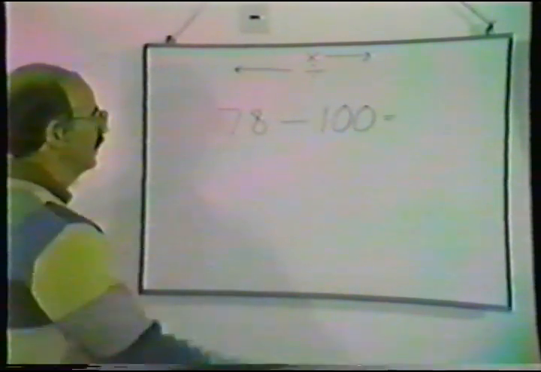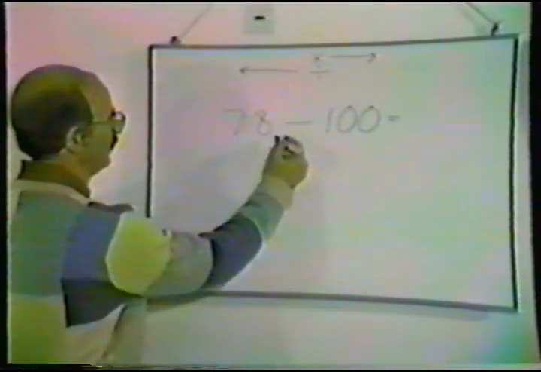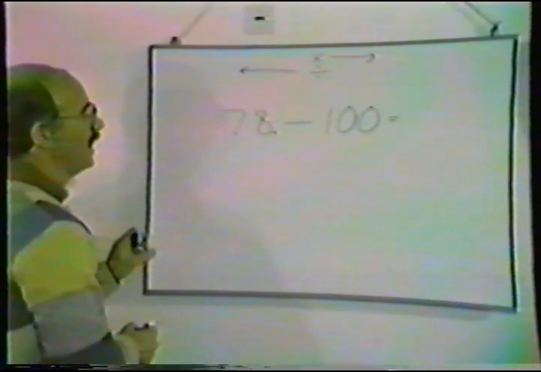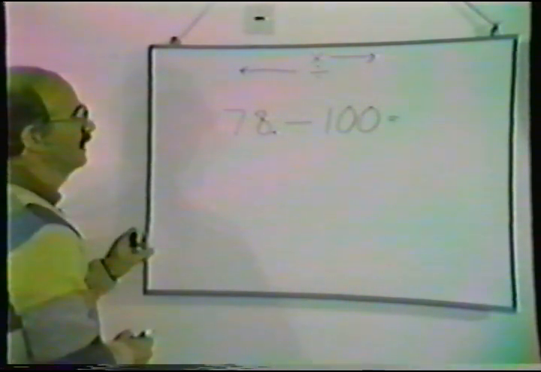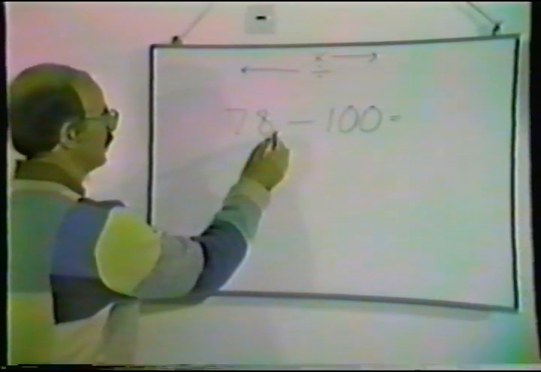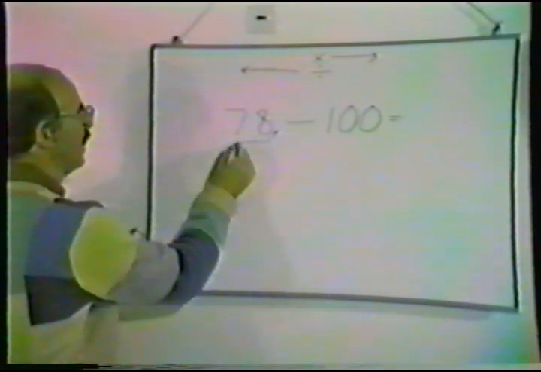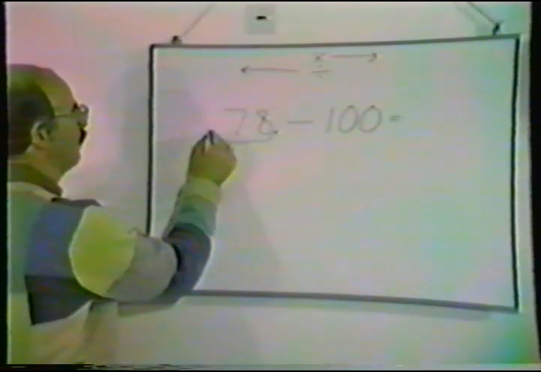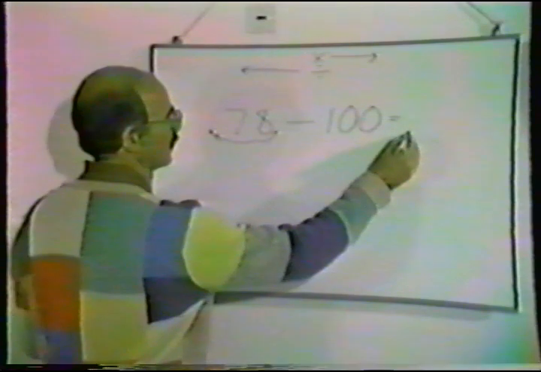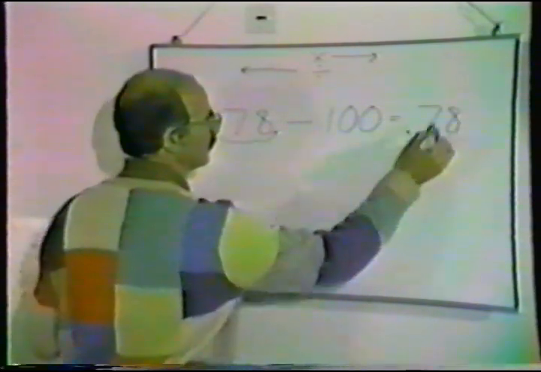At the end, on the right. Now that it's there, I have to move it to the left. How many places? 2. 2 places to the left because I am dividing by 100. And the answer is 78 hundredths.